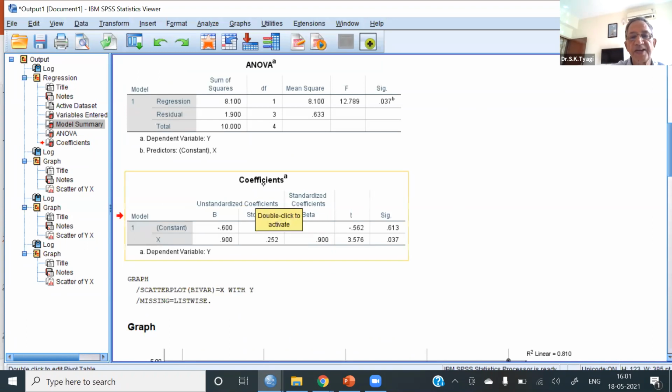We got the coefficients. There are two coefficients. One is a constant, the y-intercept or constant, and the coefficient of X, that is the regression coefficient.